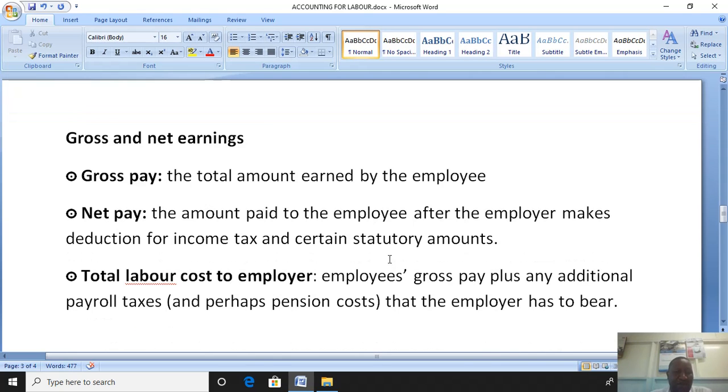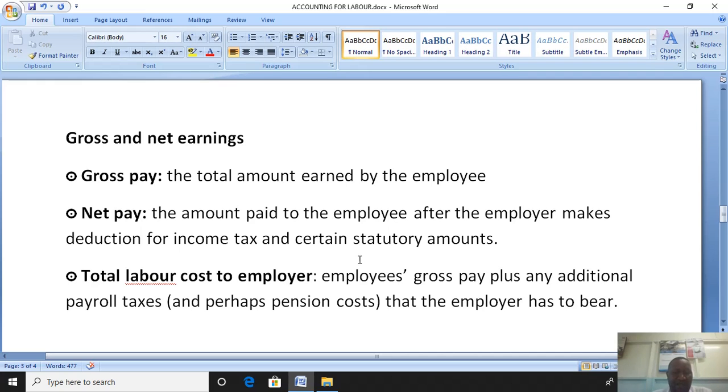So the total labor cost to the employer includes the employee's gross pay plus any additional payroll taxes if that applies in a particular country, and perhaps the pension costs if that also applies, that the employer has to bear.